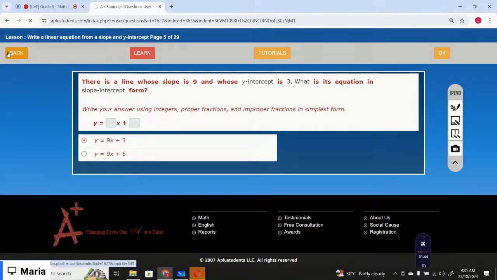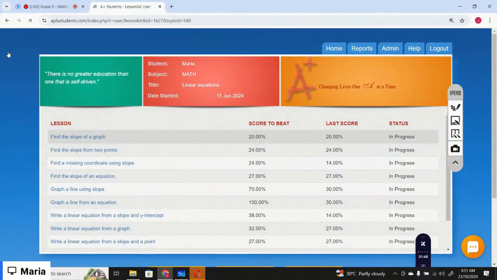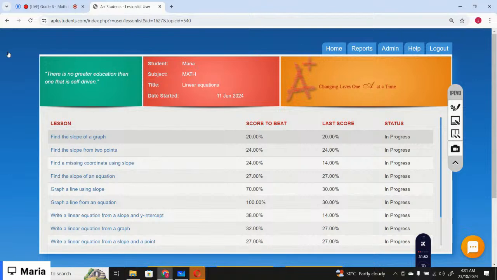And the next lesson is write a linear equation from the graph.